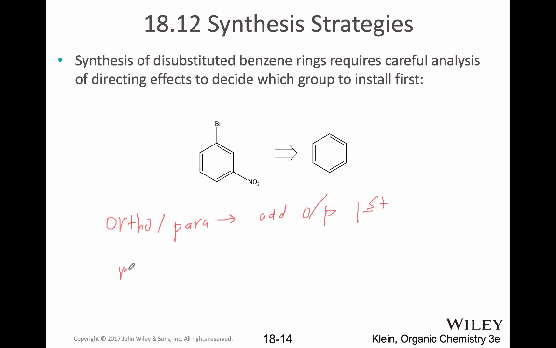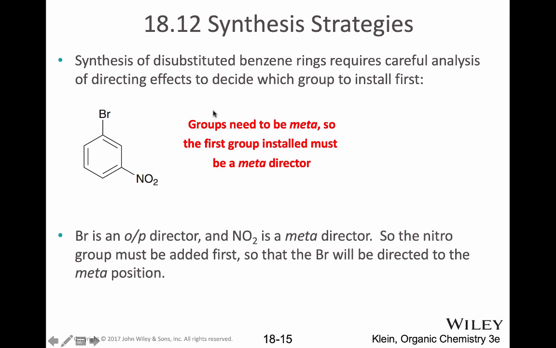If the two groups are meta, as they are above, not meth, meta, you want to add the meta director first. So when you look at these two groups, what you have to decide is which one's an ortho-para director and which one's a meta director. Because the groups are meta to each other, the meta director needs to be added first.